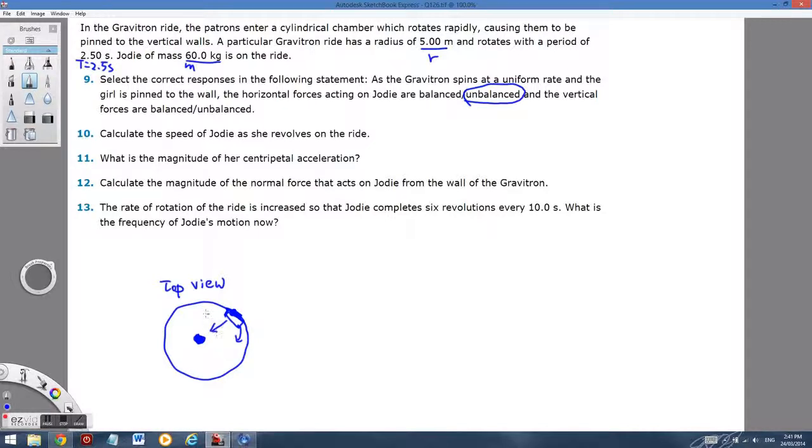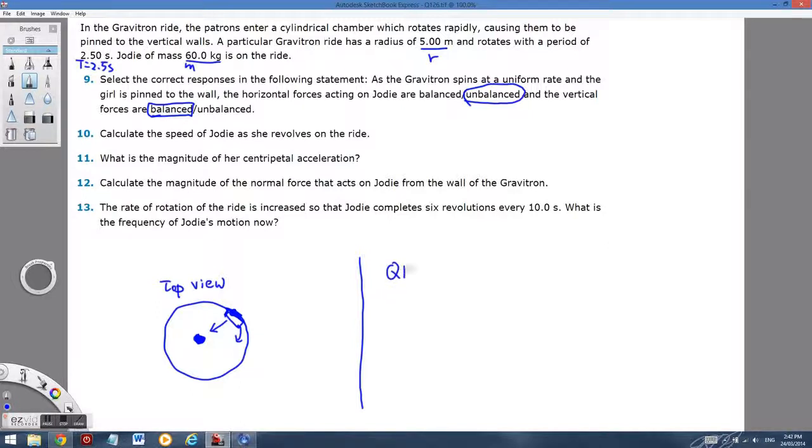Since there's a net force towards the center of the circle, it means the forces are unbalanced. And the vertical forces are balanced, because it's pinned to the wall and Jody does not move up or down. It moves in the horizontal plane around the circle. This is question 9.